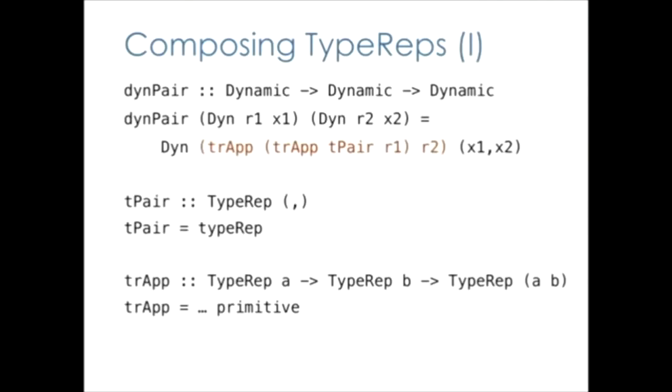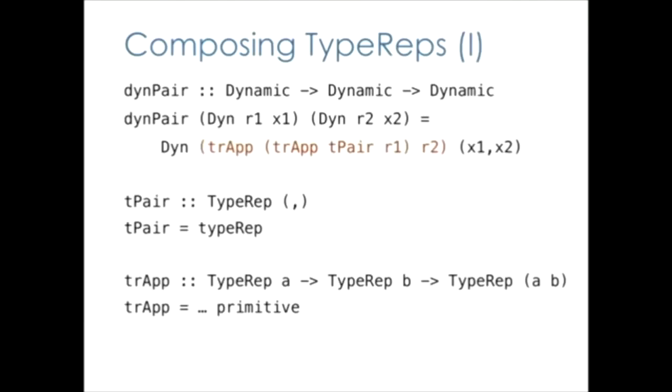Because once we have that, right, then we can apply the pair constructor to the first representation and then to the second representation, and that's going to give us the representation of that pair type.